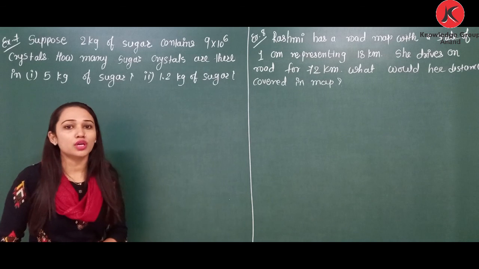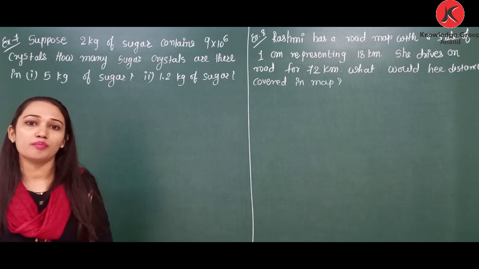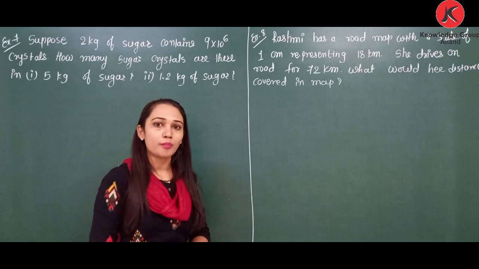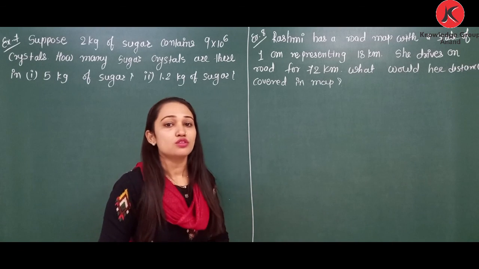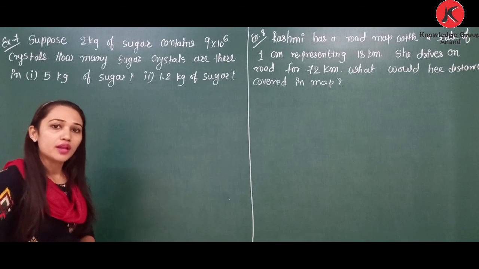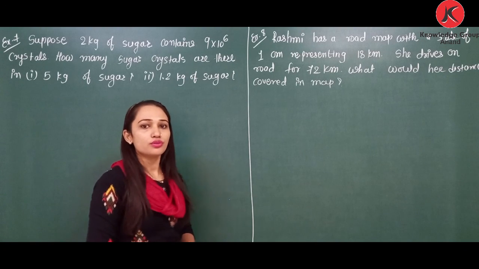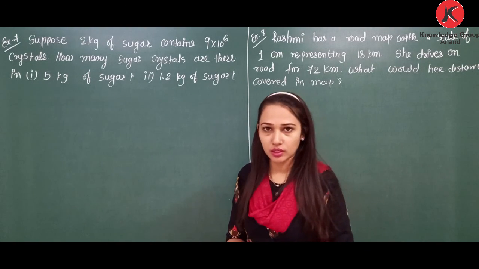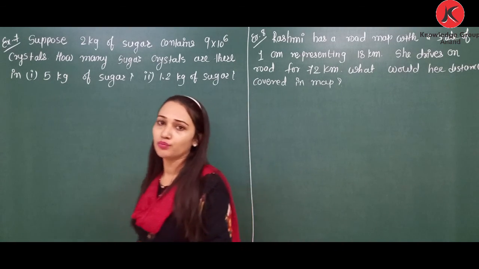If you buy 2 kg of sugar, then the number of crystals will increase. If you buy 5 kg, then again the number of crystals is increasing. So when we increase the weight of sugar, the number of crystals also increases.